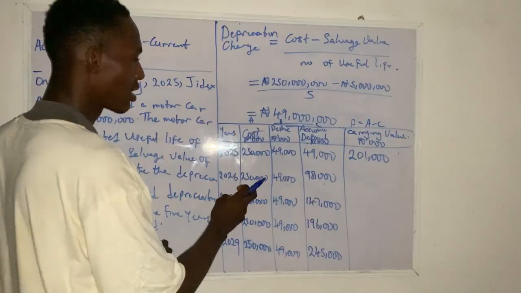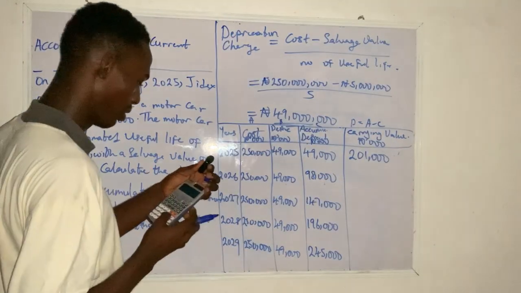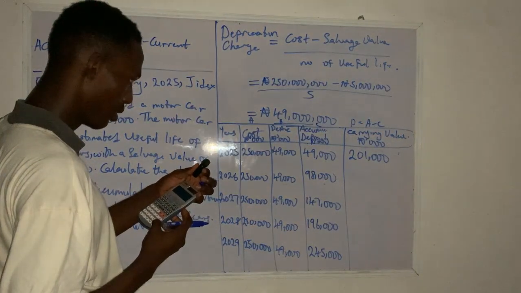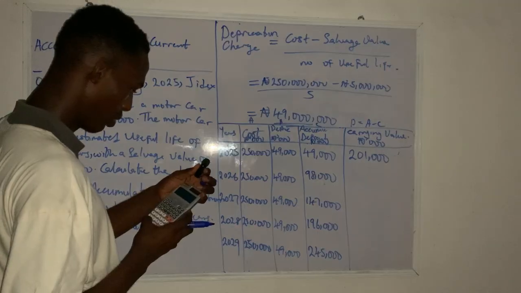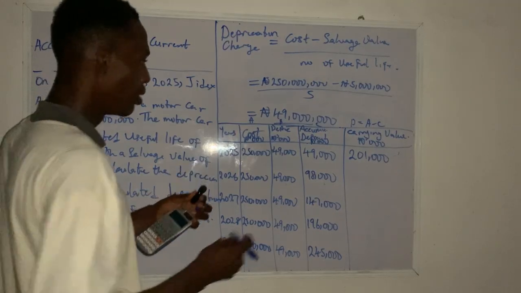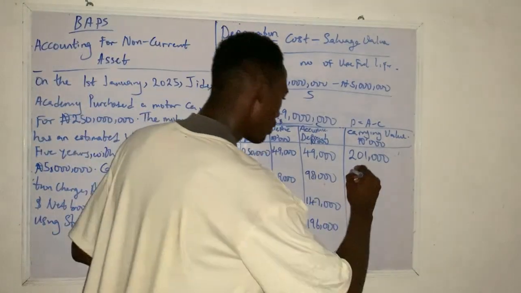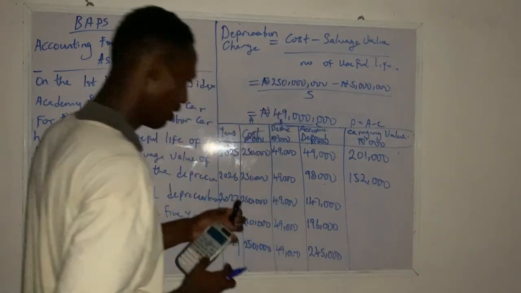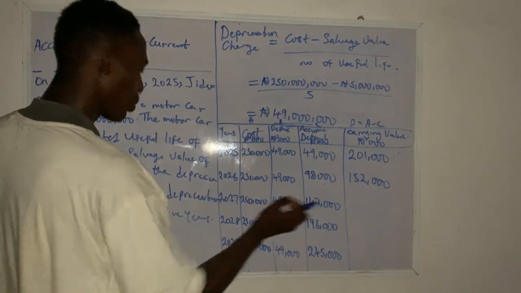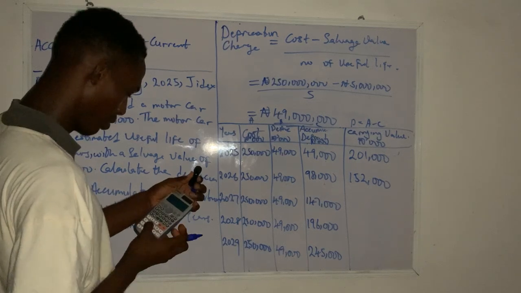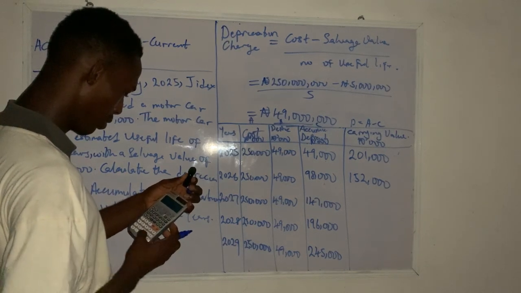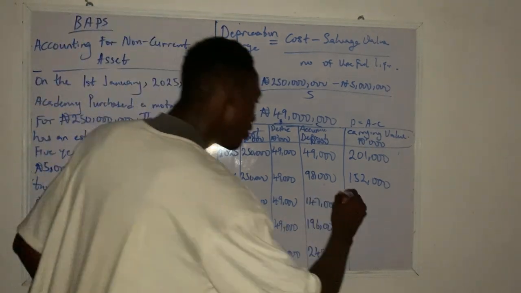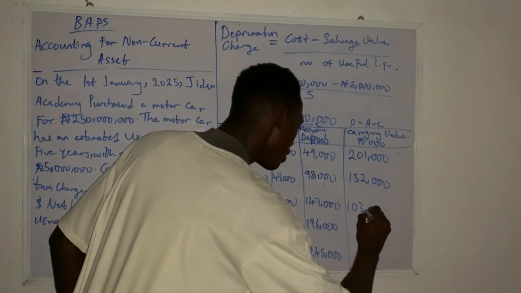Then the same 250,000 minus your accumulated depreciation, which is what? That will give us 152,000. Then 250 minus 147. This will give us 103,000.